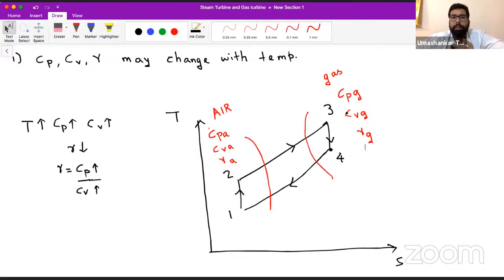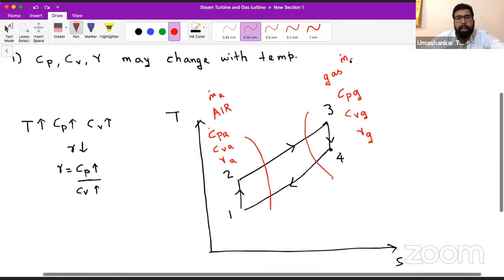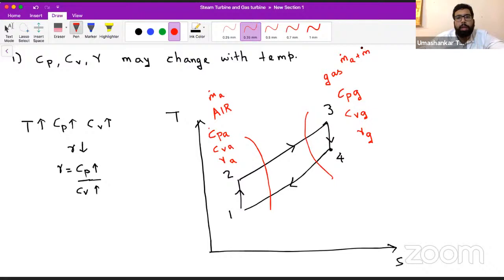All right. So when fuel burns, we consider that some part of it or the entire fuel mixes with the air, as we are going to see in the combustion chamber. So the mass flow rate also changes. Here, if the mass flow rate is m dot a, at this place the mass flow rate will change to m dot a plus m dot f, because a certain amount of the fuel is also added to the mass flow rate of air.